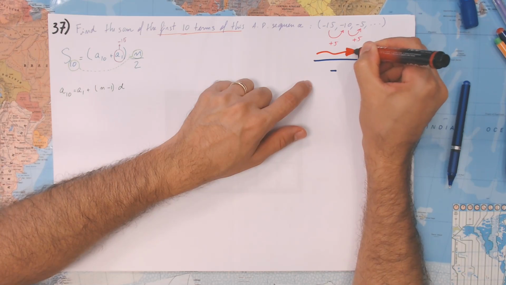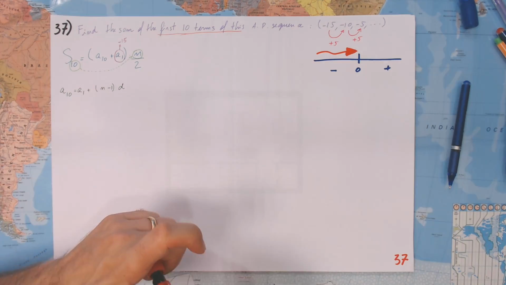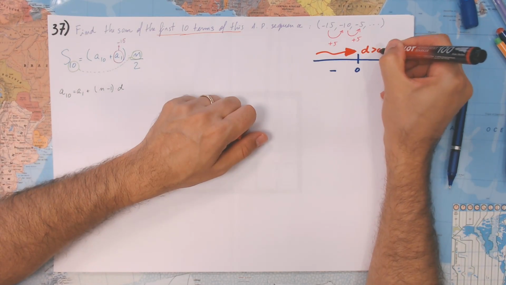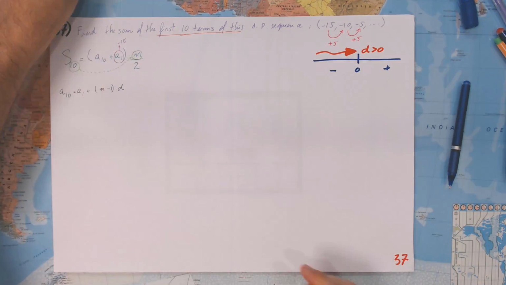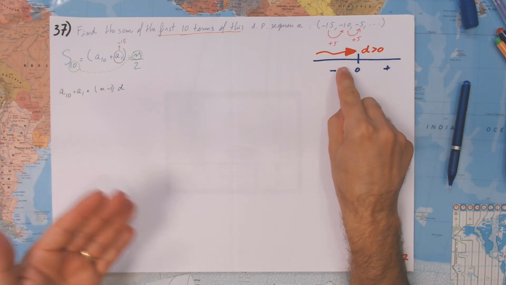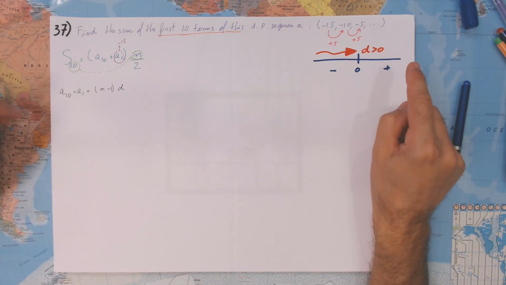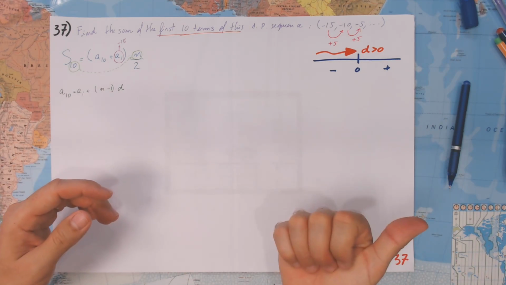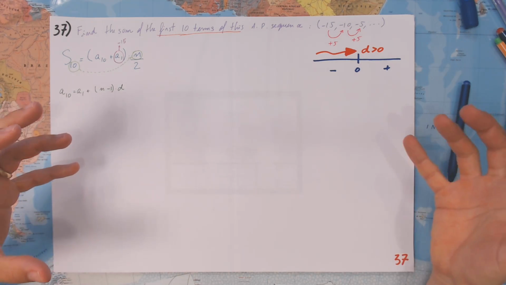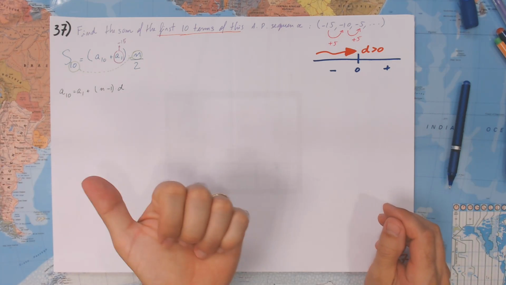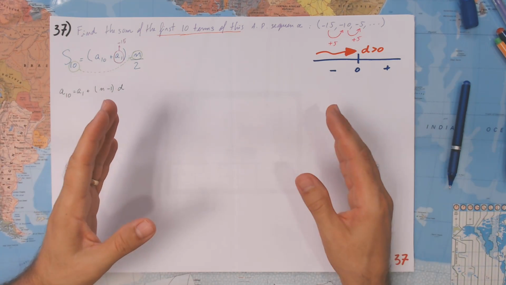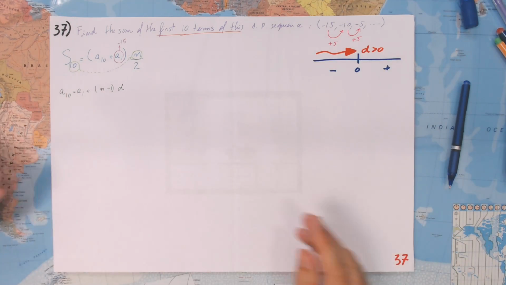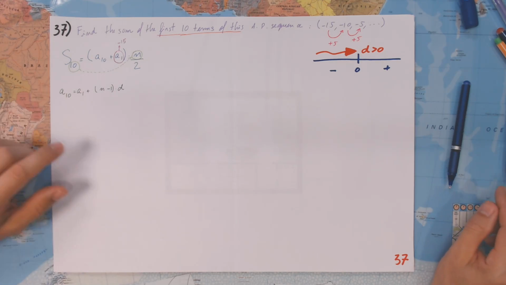This is very important to notice. And that is why our d is going to be greater than 0. Don't get confused, because we are in the negative, the d must be negative. The value of d means, are we going to the right, growing our sequence, or are we going into the left, making our sequence each time farther from 0 or smaller than 0. So just bear in mind this.